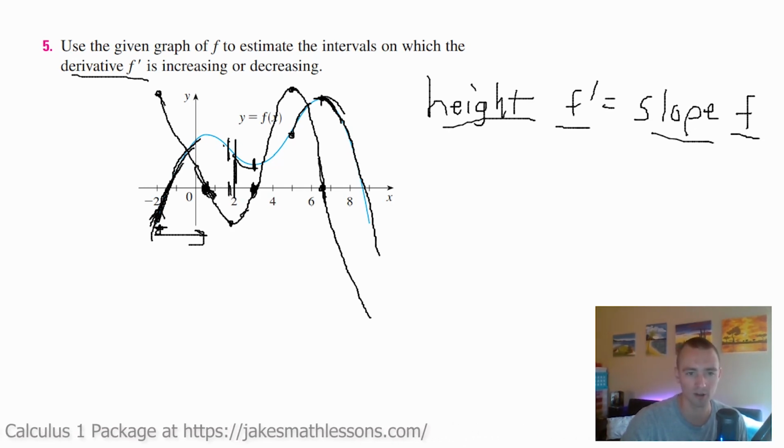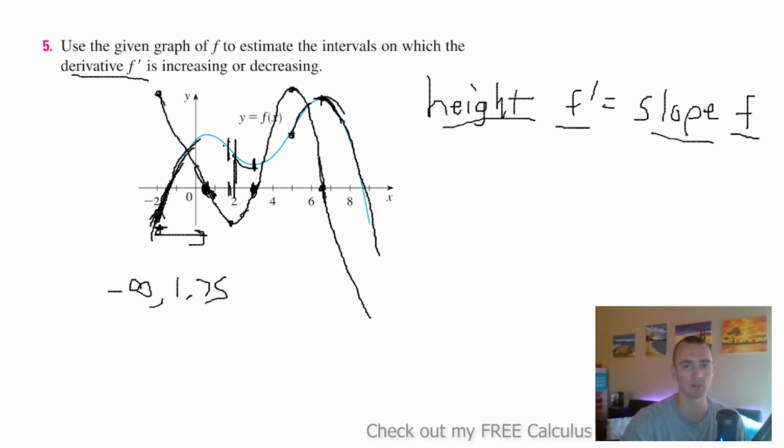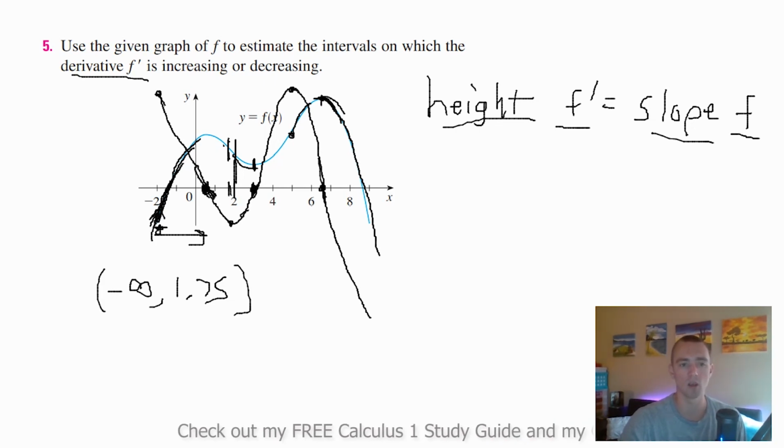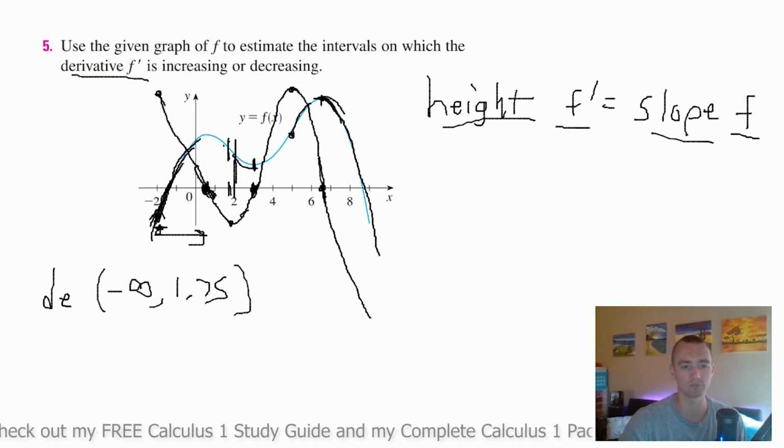It's kind of hard to tell from this sketch. But we could say that this interval is probably something like negative infinity over to 1.75, let's just say. Again, we don't have exact, it's hard to measure exactly when you're just kind of estimating the slope. So we can see that f prime is decreasing over this interval.